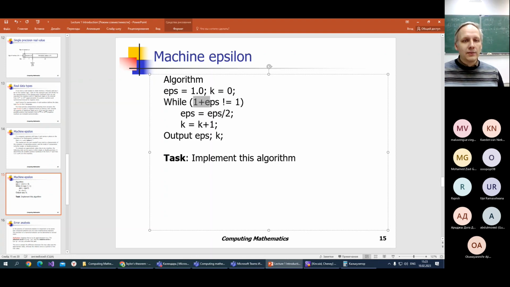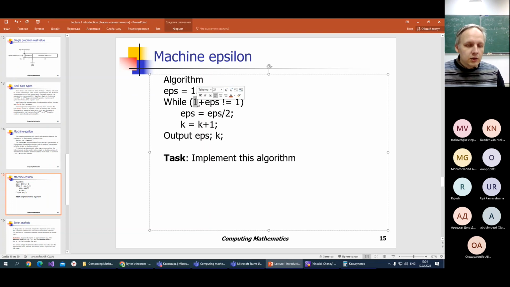While 1 plus epsilon is not equal to 1, we divide epsilon over 2 and increase k. How will it work? What will be the first comparison? Epsilon equals 1. 1 plus 1 equals 2 in the computer. Is 2 equal to 1? No, we divide epsilon over 2, and epsilon becomes 0.5.